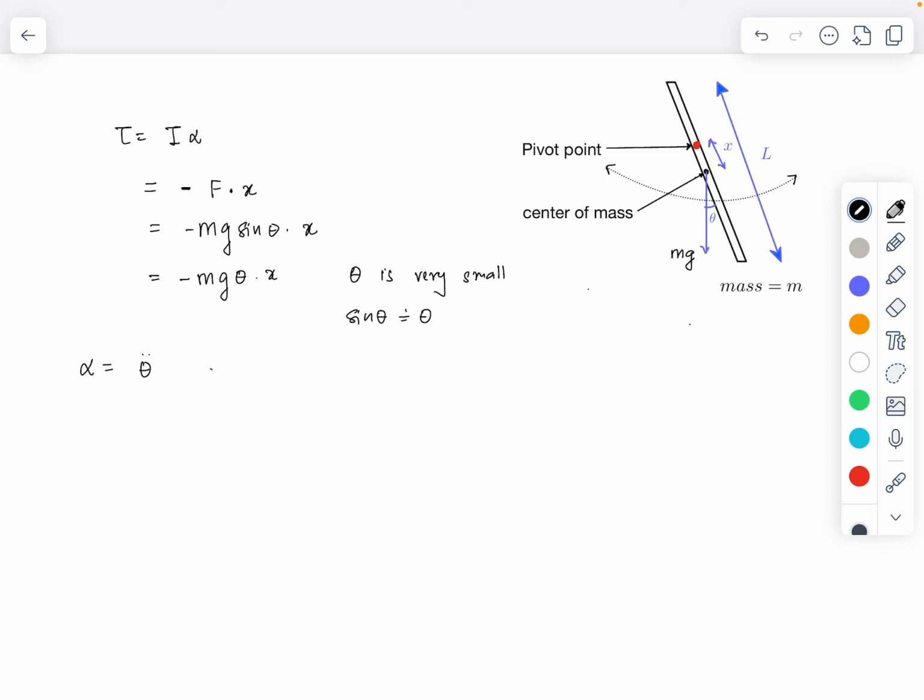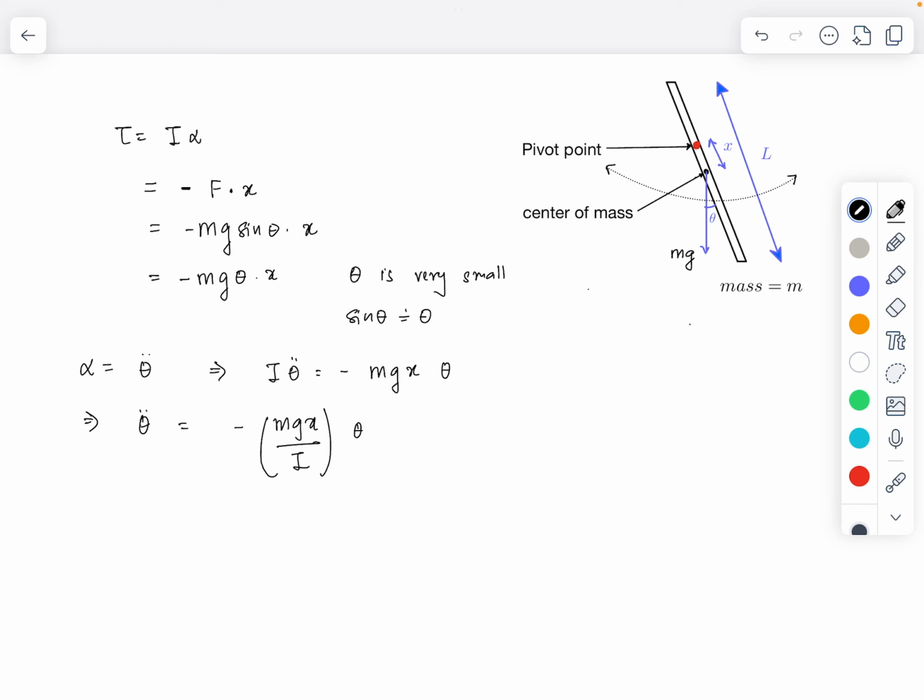So we can write I times theta double dot equals minus mgx times theta, or theta double dot equals minus mgx divided by I, times theta. And the question is, what is I?